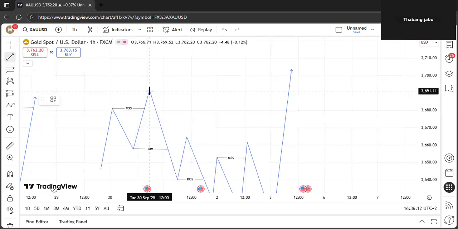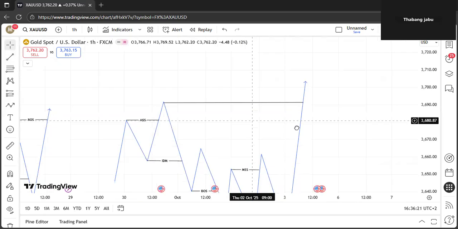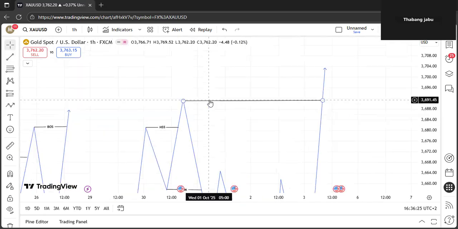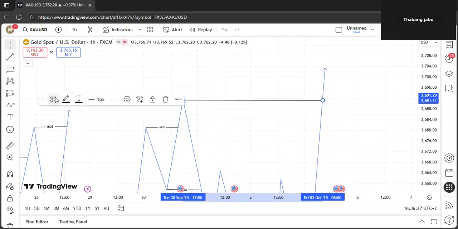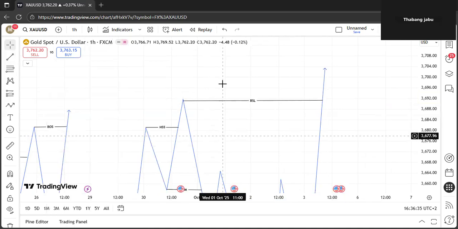Okay. And this one we're gonna use an ICT term for buying liquidity, which is buy side liquidity. Let's mark our buy side liquidity, BSL, okay.